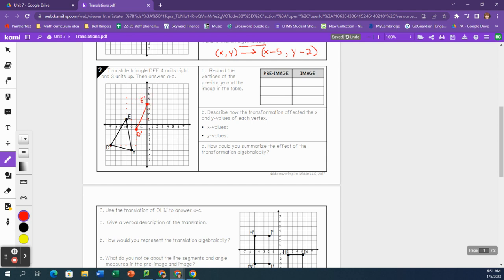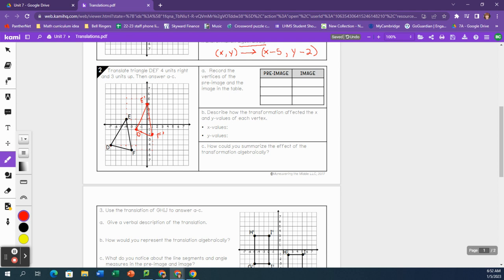And let's move our F. 1, 2, 3, 4. 1, 2, 3. There we go. 1, 2, 3, 4. 1, 2, 3. And there's our F. Okay. And we come down here. Now let's put our vertices from the pre-image.